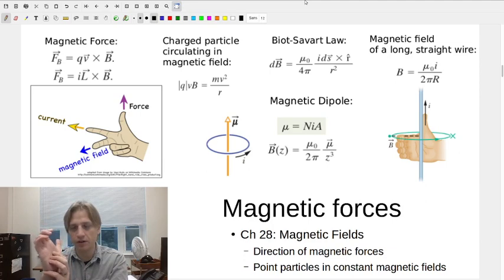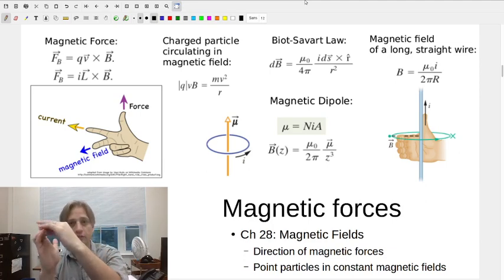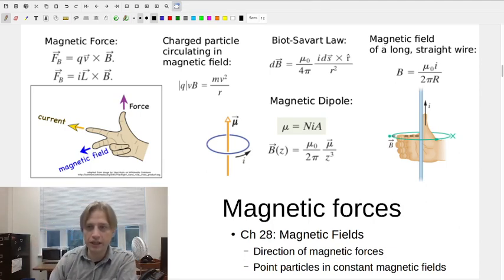Then the fingers on your right hand curl over, and they are going to be pointing in the direction of the field. So in the case, for instance, of a long straight wire, you have your magnetic field going around, and at each point it has a direction, which you can figure out by curling your fingers around. If you go around and draw a field line, it's going to be making a loop.